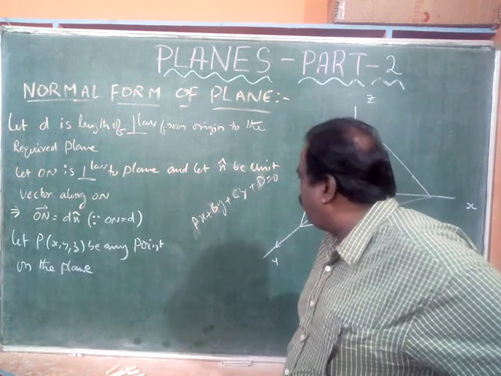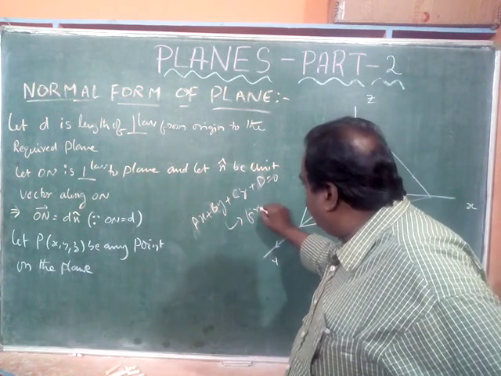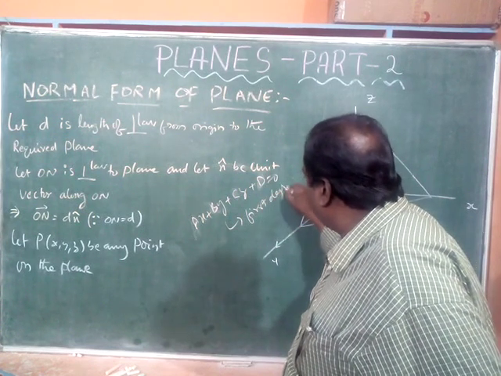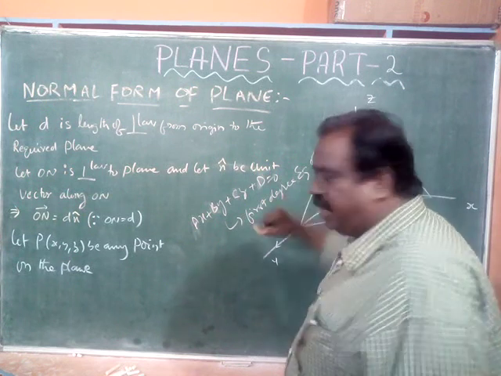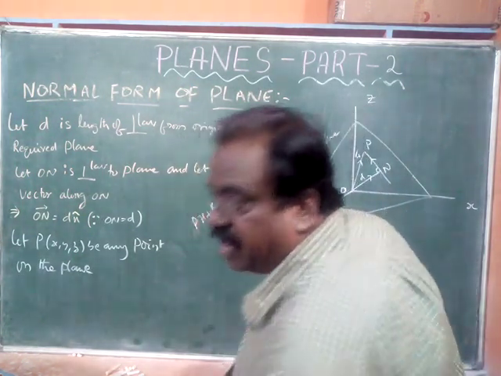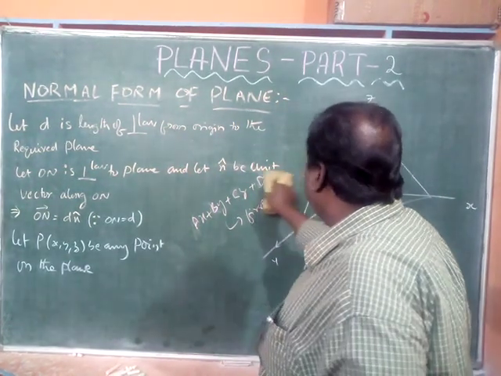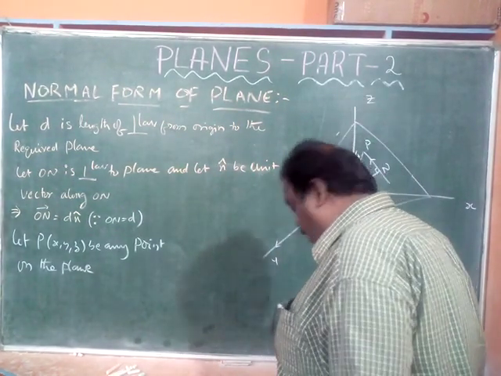Ax plus By plus Cz plus D is equal to 0 is a first degree equation of a plane. Already we discussed it. The first degree equation in x, y, z variables always represents a plane.